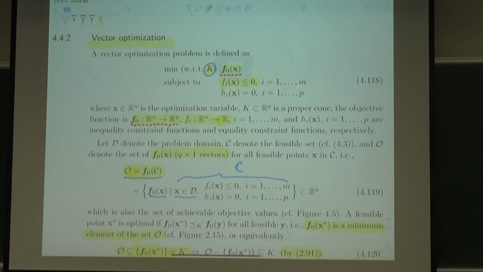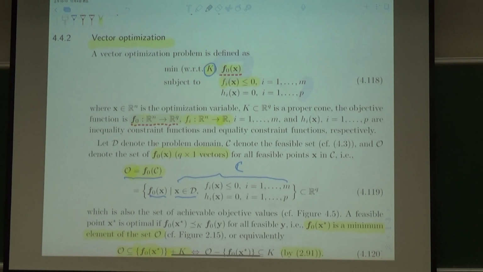As I mentioned, a generalized inequality is defined by a proper cone, so a different cone gives a different comparison rule. Then for the feasible set, the same as before, ordinary inequality and equality constraints. So F0 is a vector, a 2x1 vector, for the time being.